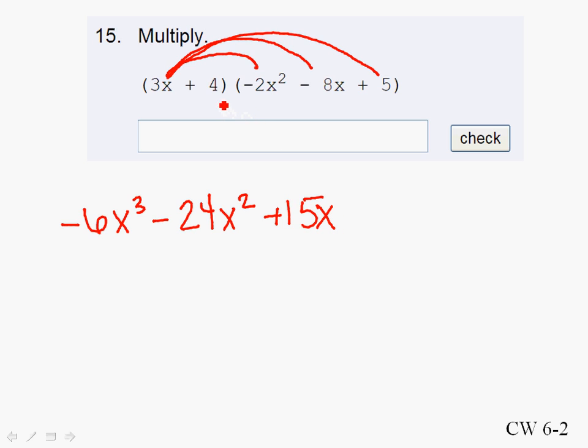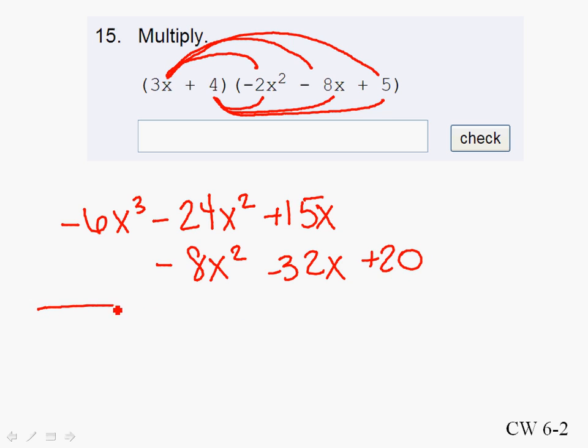Then I'm going to multiply the 4 times this, so that's going to give me negative 8x squared. 4 times negative 8x gives me negative 32x. And 4 times 5 is 20.